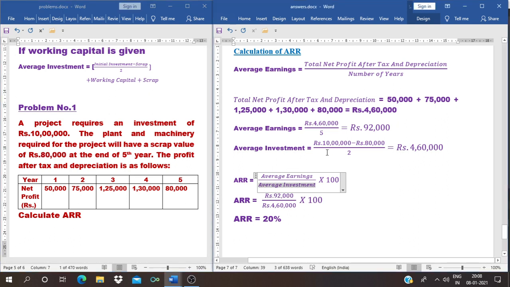Average investment is 4,60,000. Now we have calculated average earnings and average investment. ARR is equal to average earnings 92,000 divided by average investment 4,60,000 into 100. The ARR is 20%.